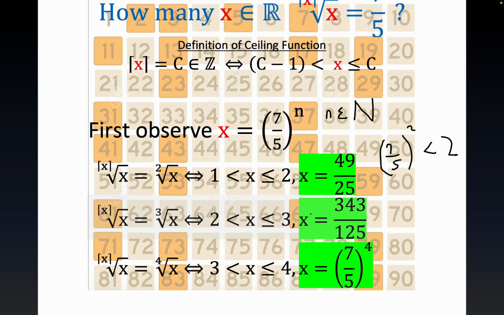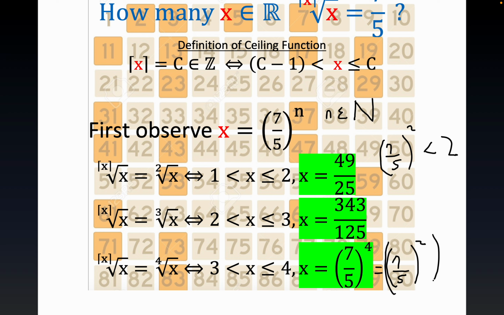In a similar fashion right here, it's easy to see that the ceiling of this number is 3. Now here it's not quite as clear, but if you use the fact that this is just the same thing as 7/5 squared, squared again, I'm going to overkill right here.